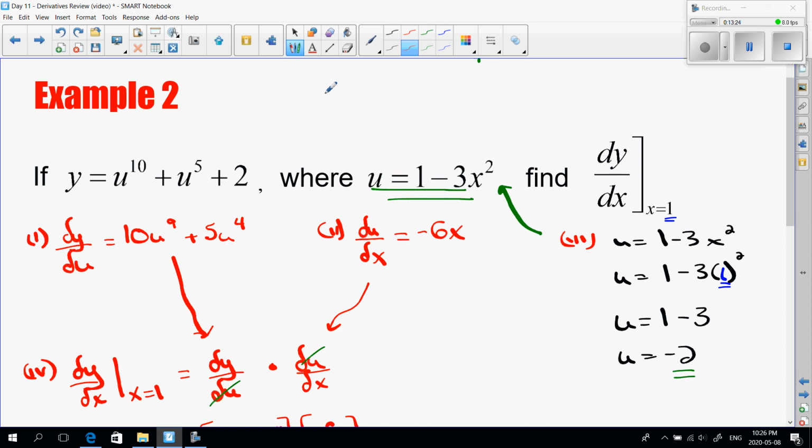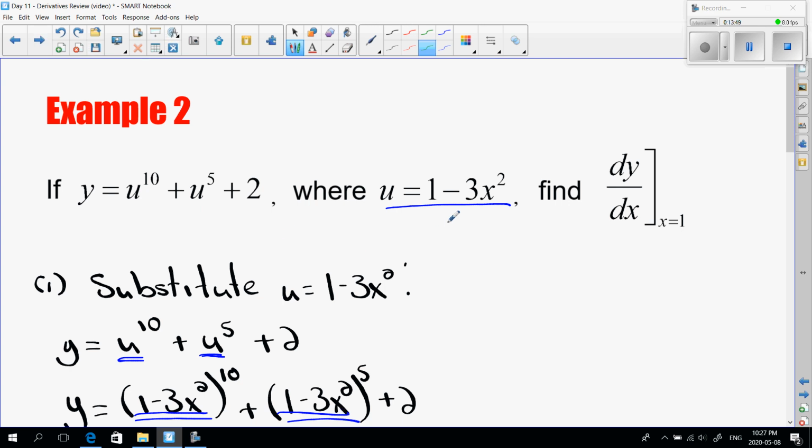All right, if you suggested replacing these u values with 1 minus 3x squared, you'd be on the right track, because then you would have a function right here that is y written in terms of x, and if you differentiate that, you would end up with dy over dx. So that does seem like an easier method, and that's what I did over here.